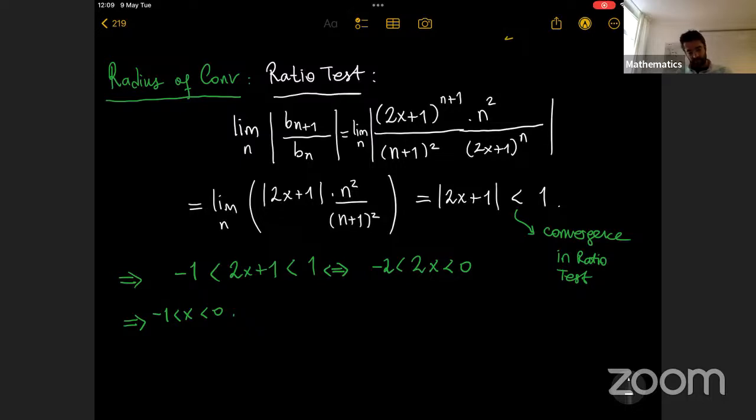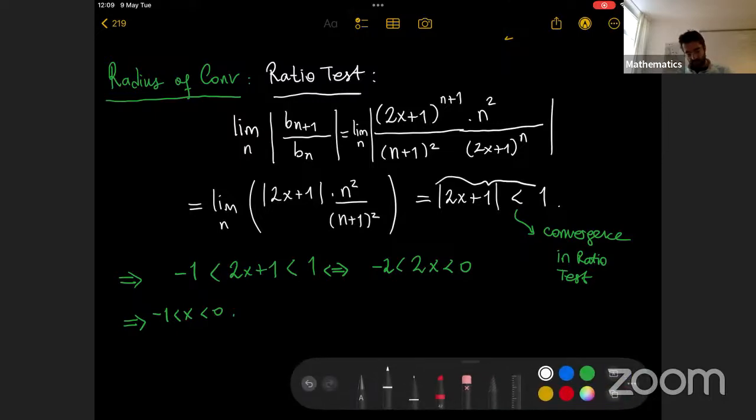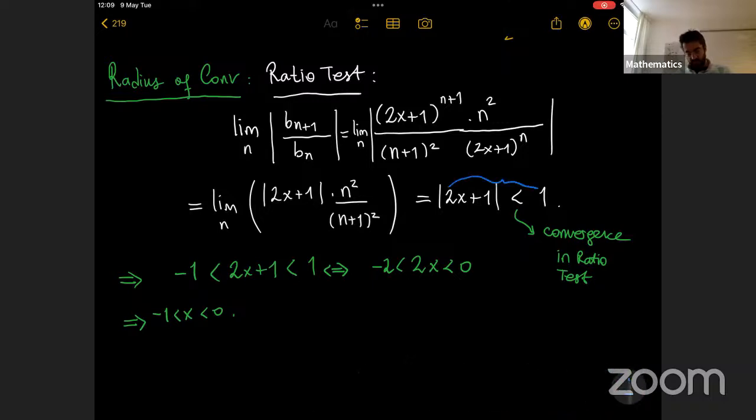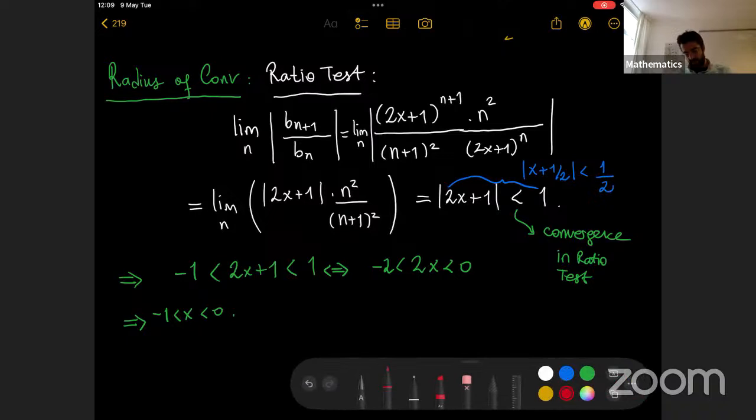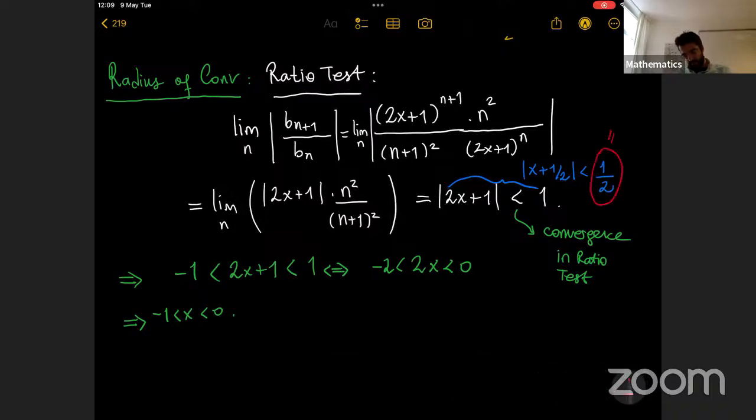You can see it from here because it's the same thing as x plus 1/2, where minus 1/2 is the center. It's less than 1/2. That means this is the radius of convergence R.